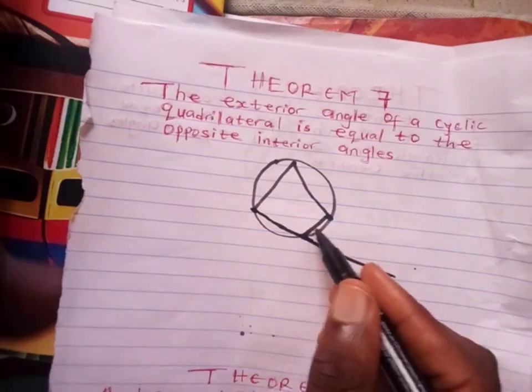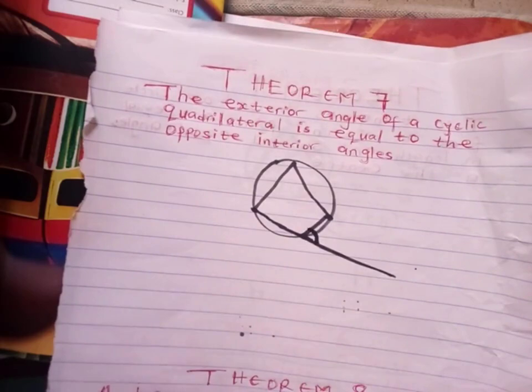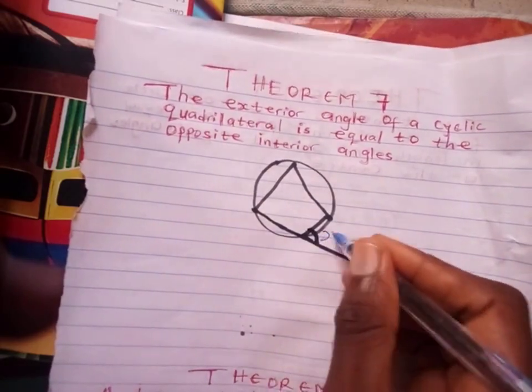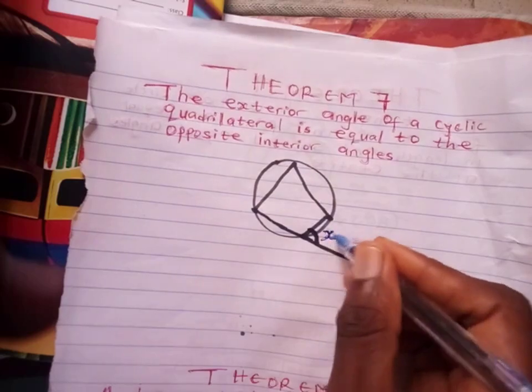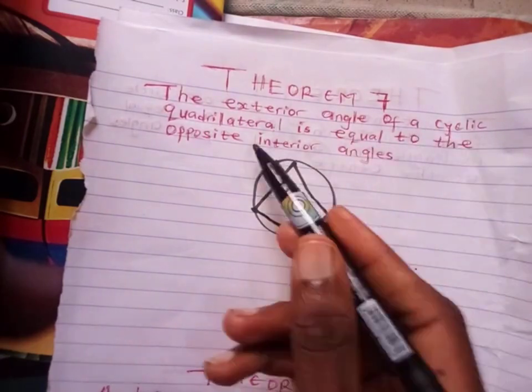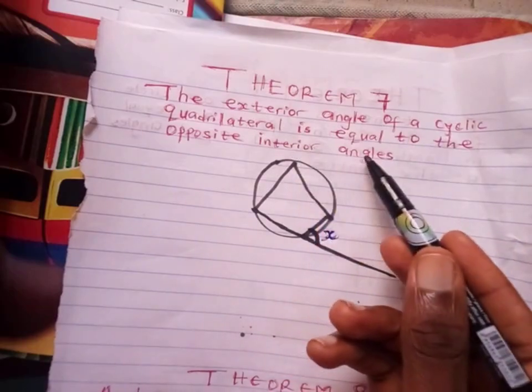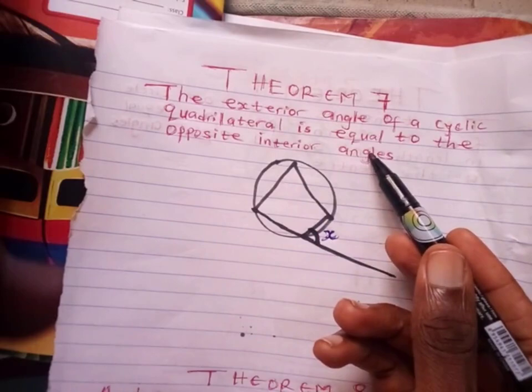So let an exterior angle be formed here, and I'm going to label this angle X. So this is the exterior angle. X is the exterior angle here. So the exterior angle of a cyclic quadrilateral is equal to the opposite interior angle.